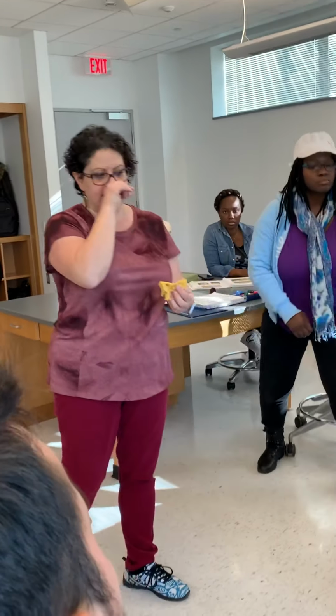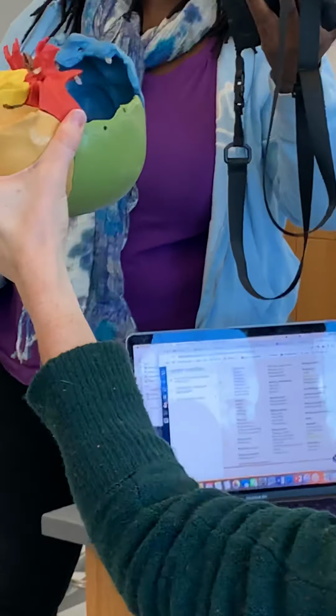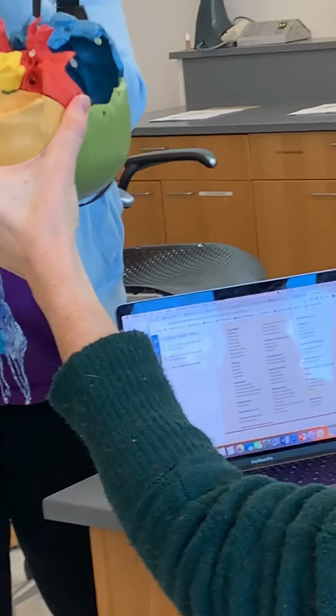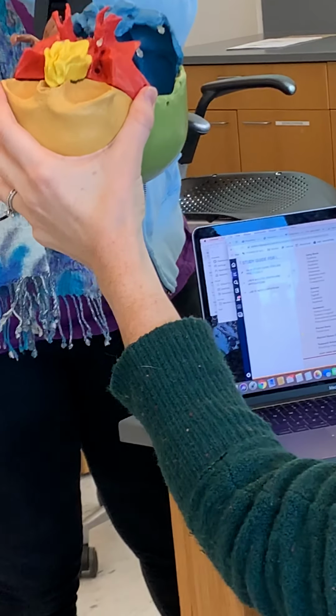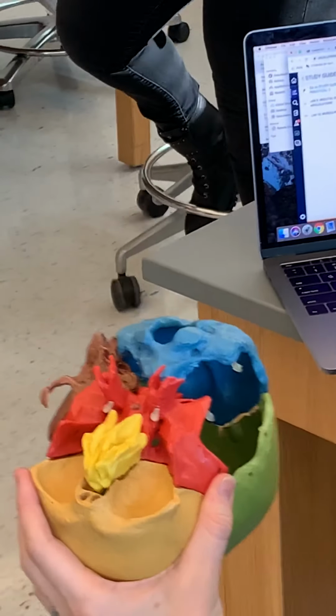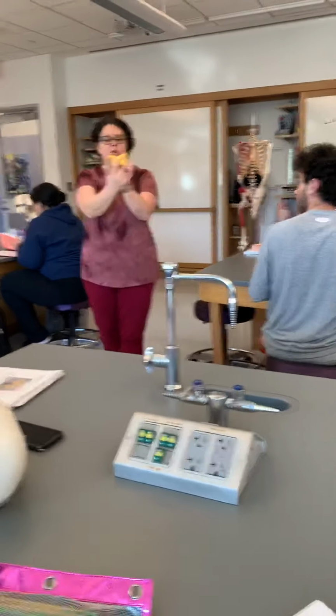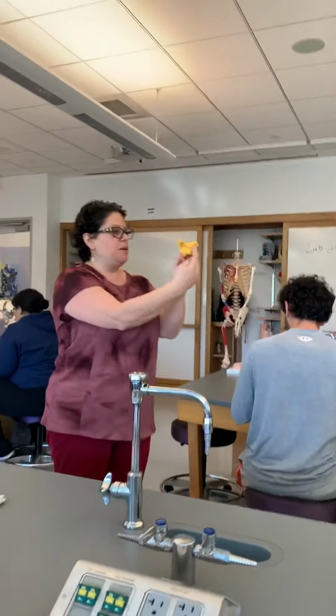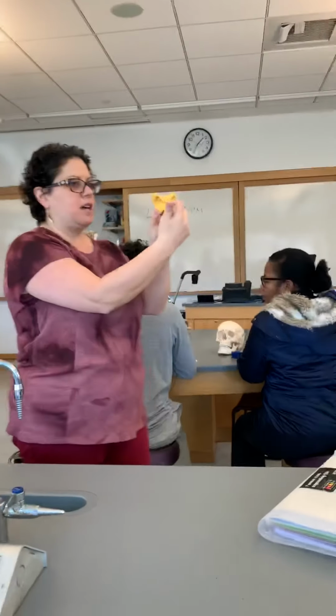On Katie's skull, the sphenoid is like a red color. And again, you can see the inferior of the sphenoid there. You can take it apart if you want to, but we'll put it together before you leave. If you were to take it apart, you would see this portion of the sphenoid bone and the hypophyseal fossa.